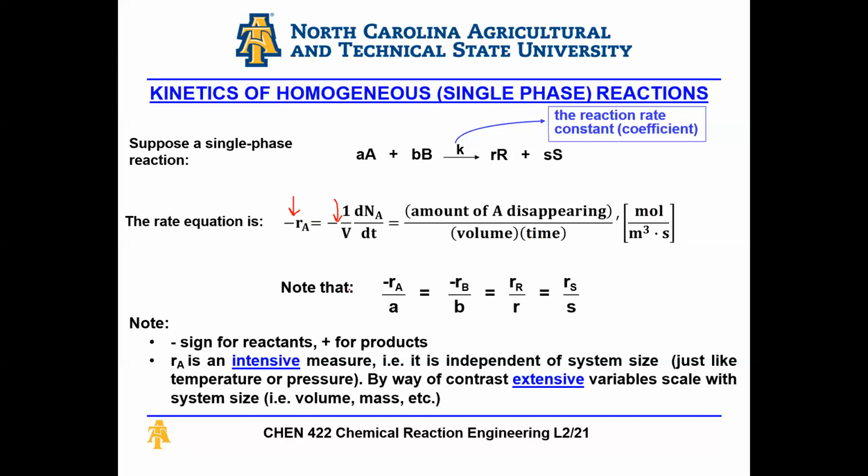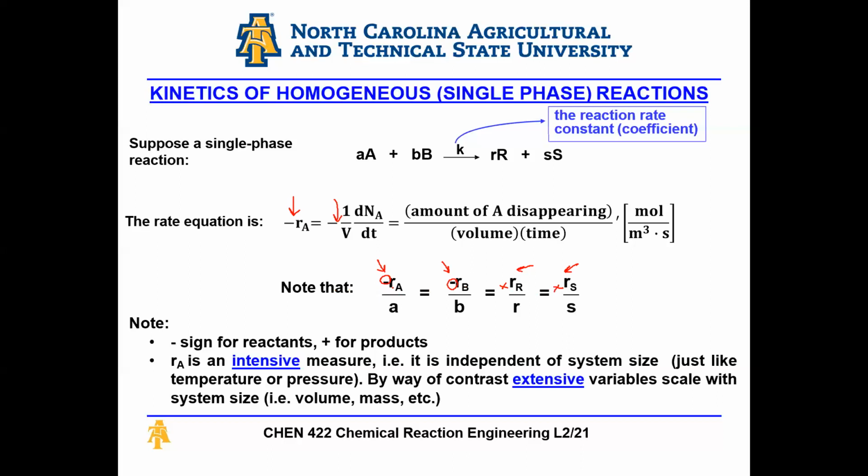Another very important thing to note is if you know the reaction rate of one component, you can get the reaction rates of all the other components, right? Using this type of relationship. Both my reactants here, A and B, have minus signs, and these are my products, R and S, and they have positive signs.